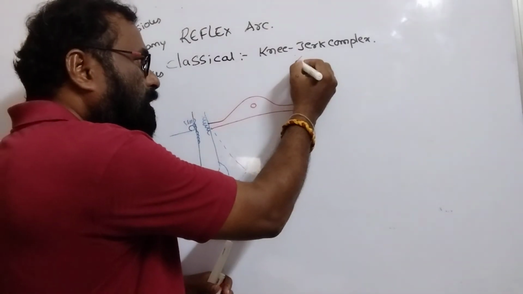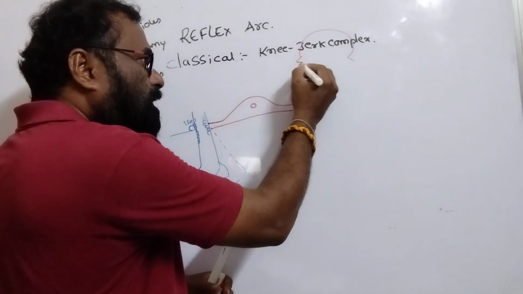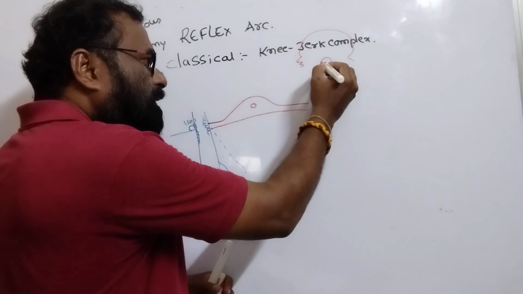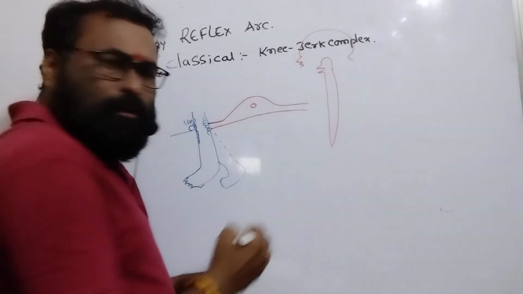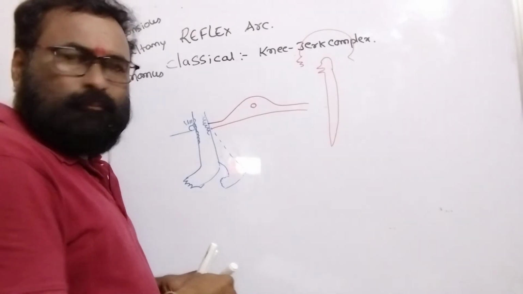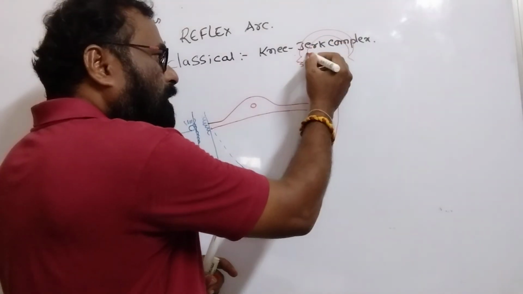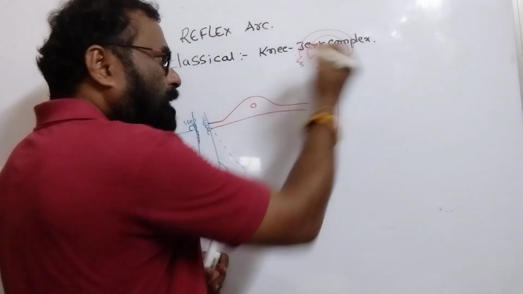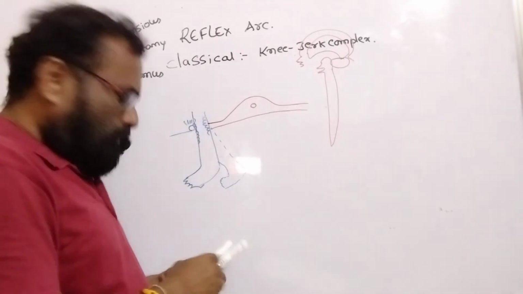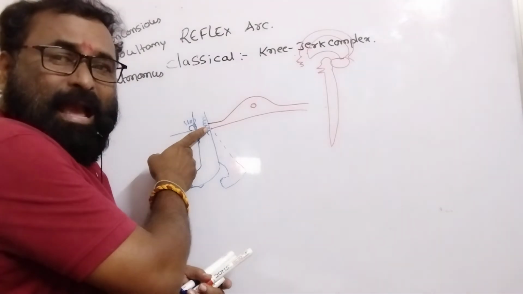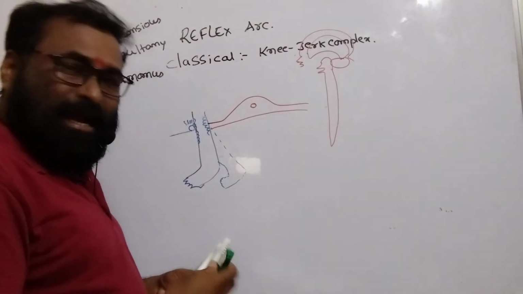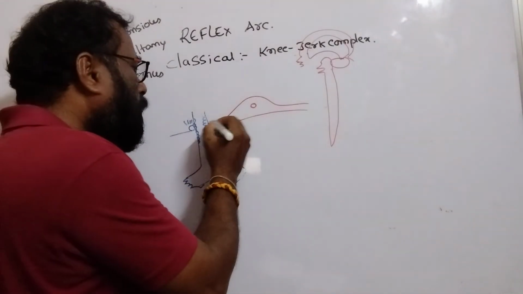This is the midbrain. This is pons varolii, medulla oblongata. This is the spinal cord. This is our cerebellum. Step 1, sensory action potentials are taken by the pseudo-unipolar neuron.